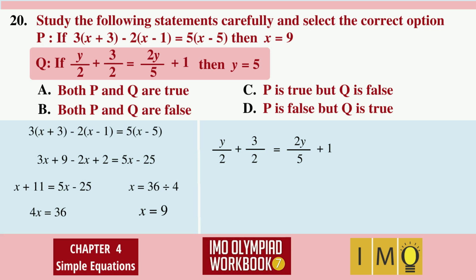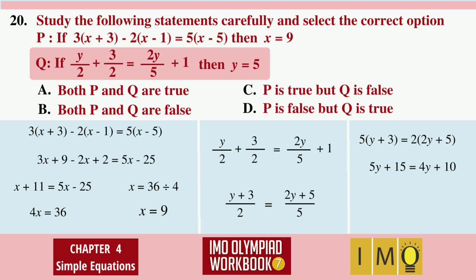Finding out the LCM and simplifying, we get y plus 3 by 2 is equal to 2y plus 5 divided by 5. So 5 into y plus 3 is equal to 2 into 2y plus 5. 5y plus 15 is equal to 4y plus 10. 5y minus 4y is equal to 10 minus 15.